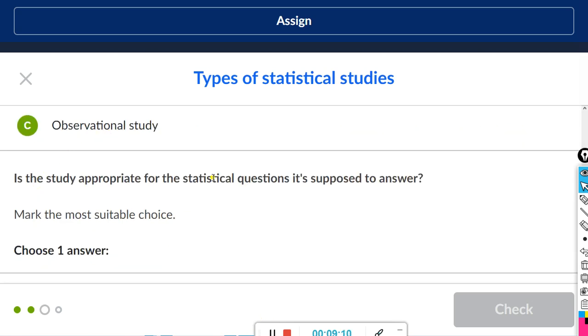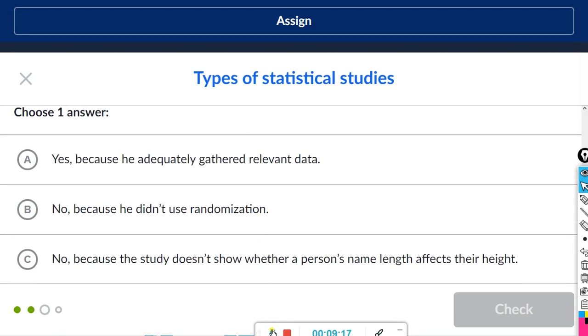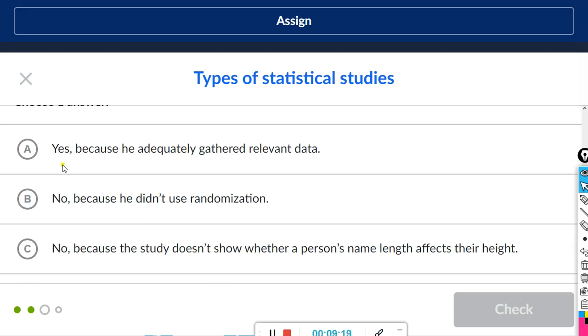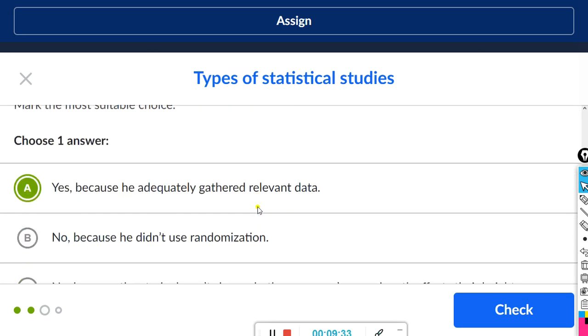So it's an observational study, and is this appropriate for the question it's supposed to answer? It says yes, because he adequately gathered relevant data. I think that's correct. Here it says he didn't use randomization, but you don't really have to use randomization for an observational study.